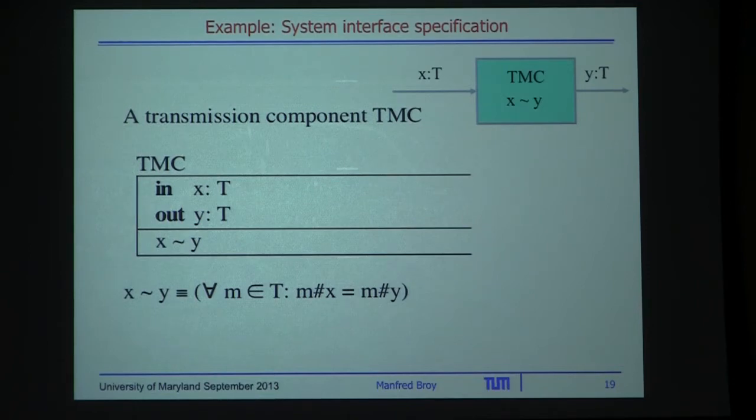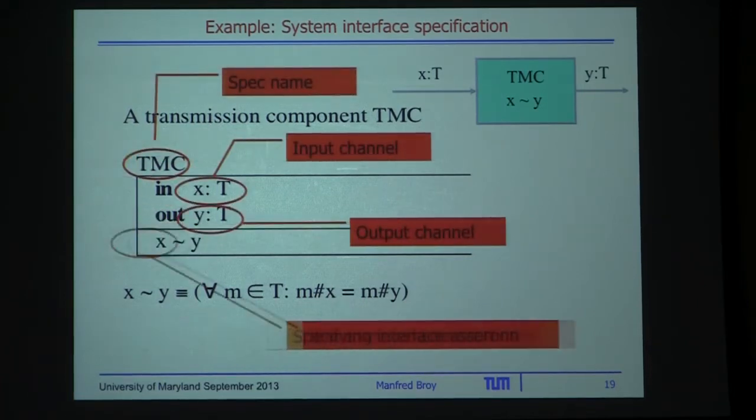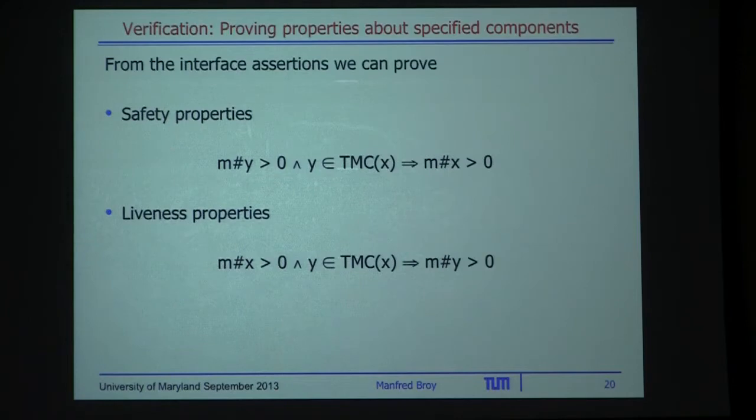It's very difficult, because it has sophisticated liveness properties and it has safety properties. My argument is, we try to keep it as simple as possible just by writing these simple relationships between histories, which has a number of advantages. And here the specification, of course, has a specification name, an input channel, an output channel, and specifying interface assertions.